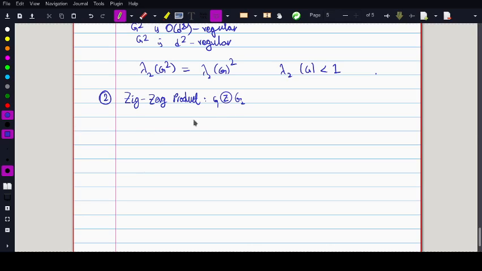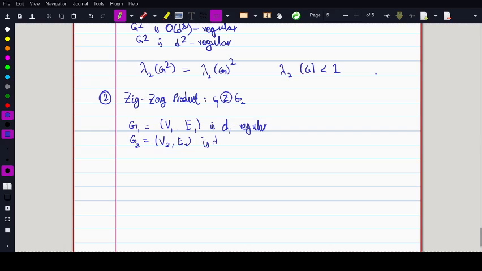When we want to do a zigzag product, the operands should satisfy some properties. The first property is that G1 can be written as V1, E1, and it is D1 regular. You also assume that G2, which is V2, E2, is D2 regular, but you have a constraint that the size of V2 is equal to D1.